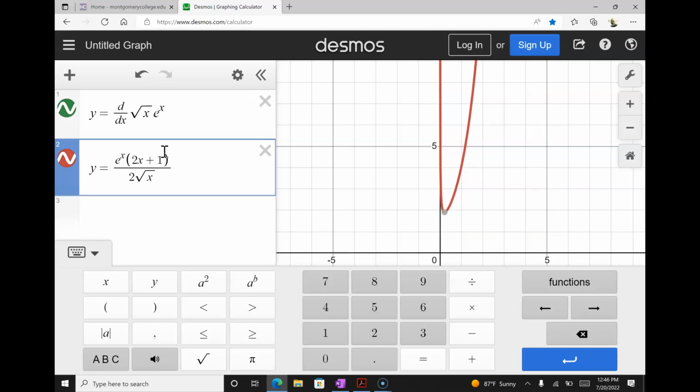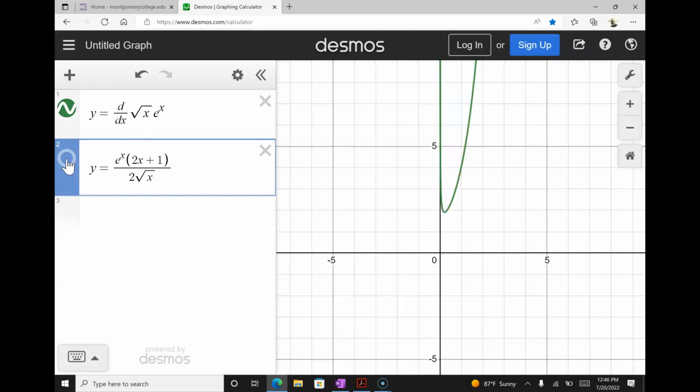And you see what happened is my graph turned red. So if I turn the derivative off and just show the Desmos doing the derivative, I get an exact match. So a nice way to double check that you have your derivative correct.